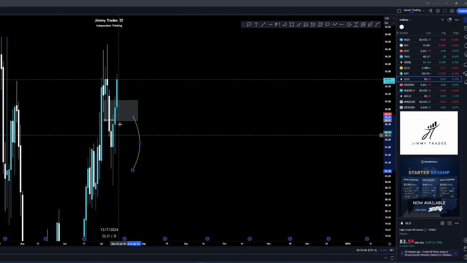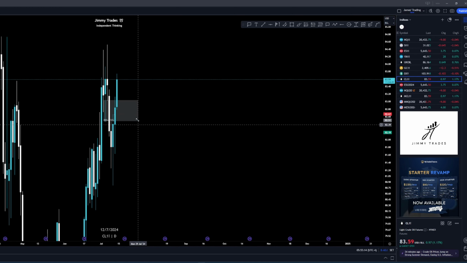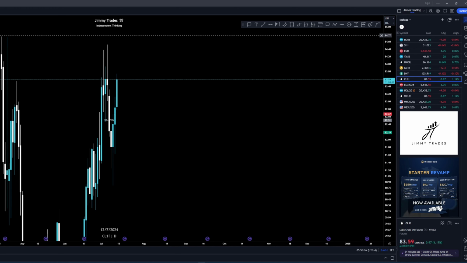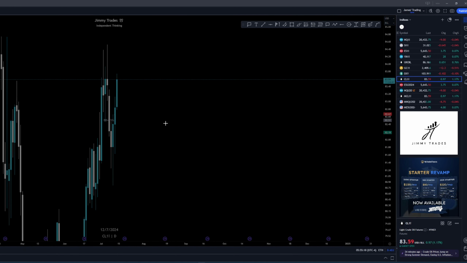And price did move down quite some way before being brought back up. So at the time of taking this trade, I was bearish.